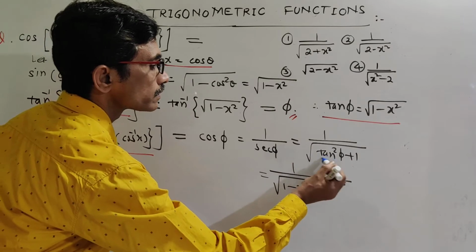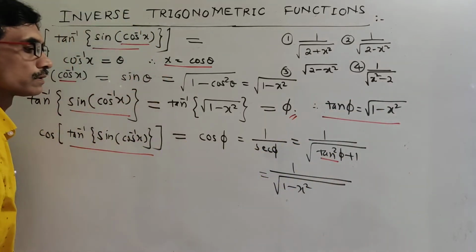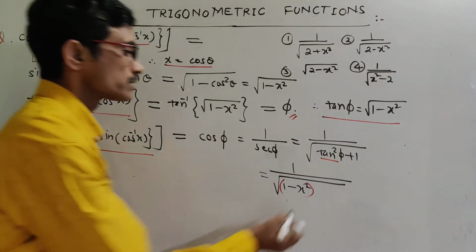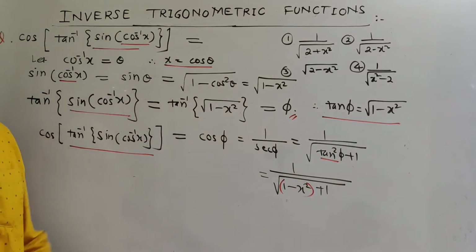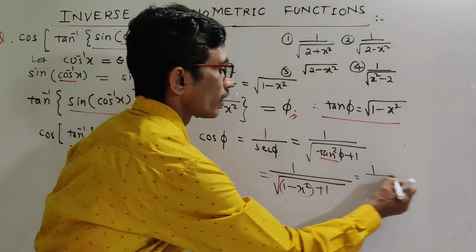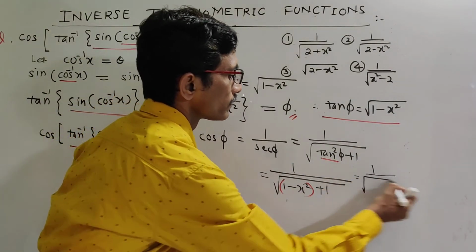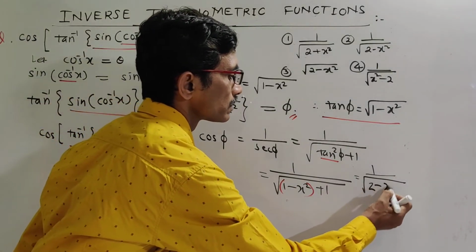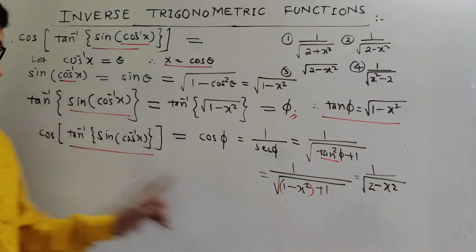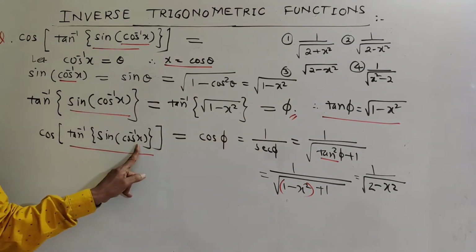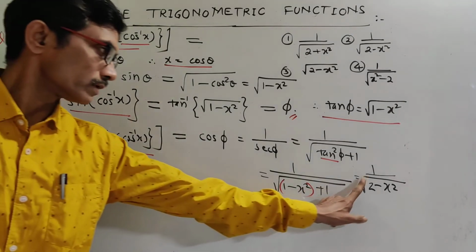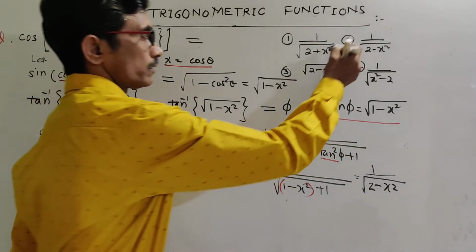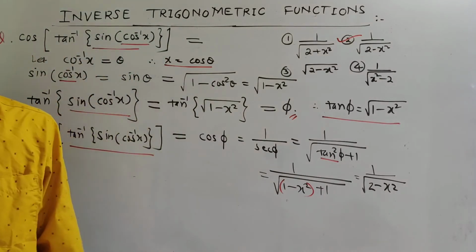This is 1 upon root of 1 and this 1, that is 2, minus x square. So cos of tan inverse of sine of cos inverse x is equal to 1 upon root of 2 minus x square.